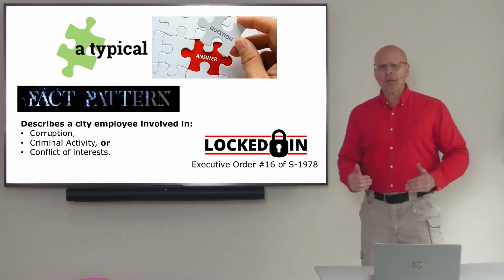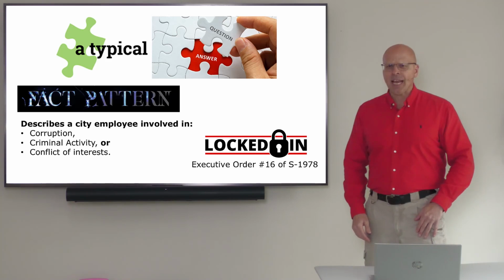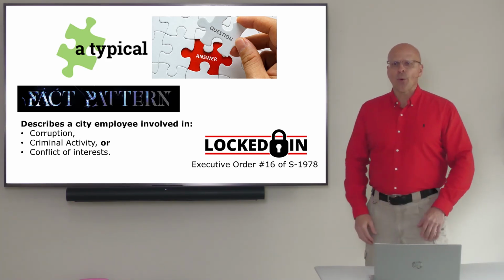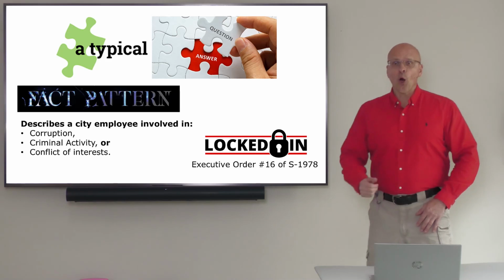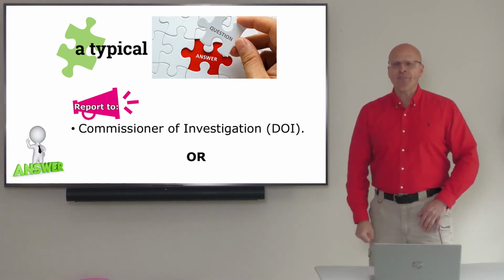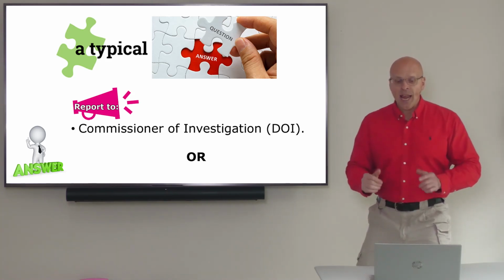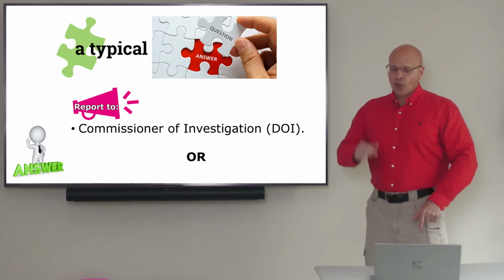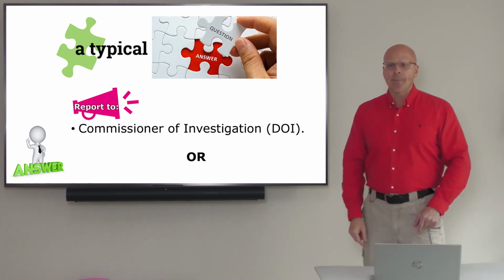And then they're going to lock you in and say, according to Executive Order number 16 of 1978, what should you do? Well, we know we have to report it. Who are you going to be required to report it to? Boom! The Commissioner of Investigations, DOI. Because you're going to look through your choices, and if that is a choice, Commissioner of Investigation, DOI, you choose that as the correct answer.